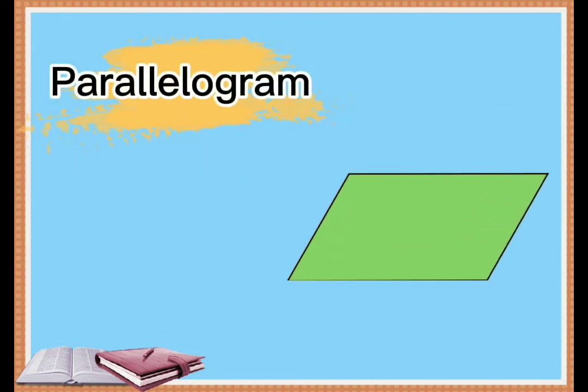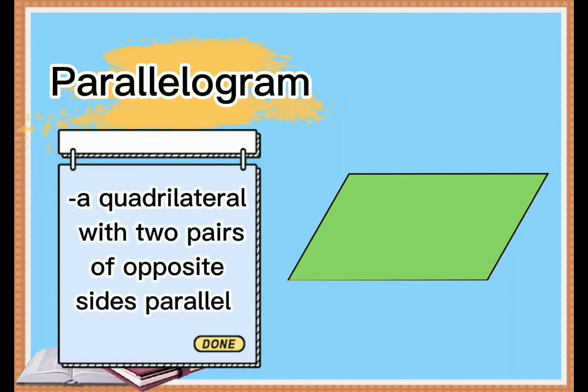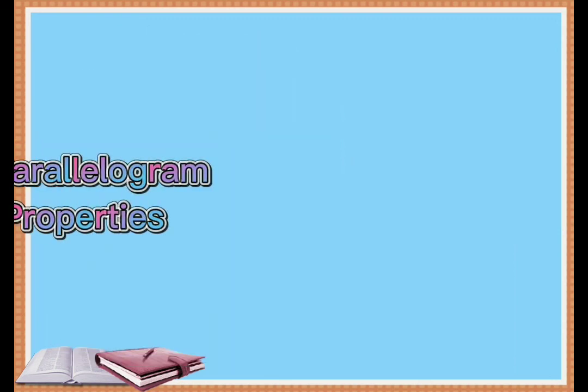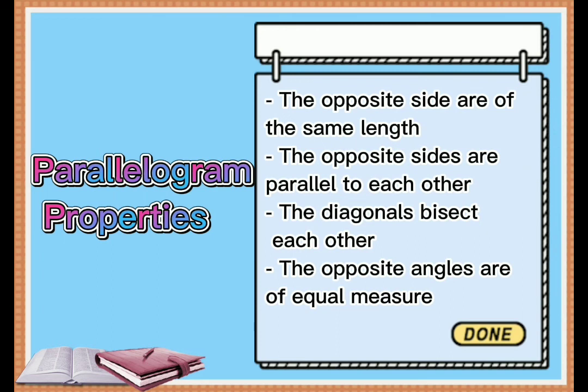Third kind of quadrilateral is a parallelogram. A parallelogram is a quadrilateral with two pairs of opposite sides parallel. Properties of a parallelogram. First, the opposite sides of the parallelogram are of the same length. Second, the opposite sides are parallel to each other.